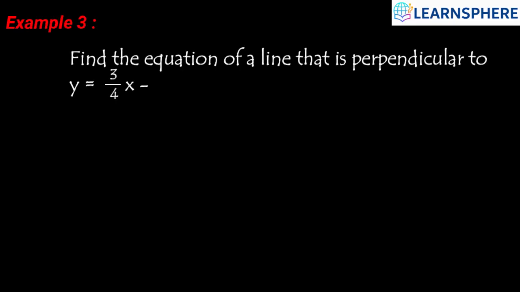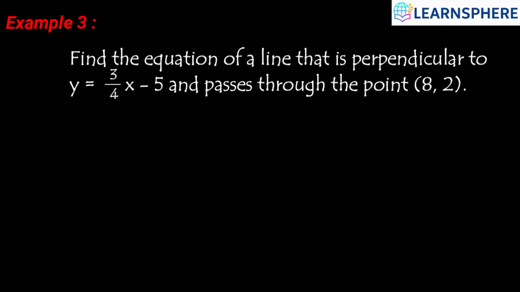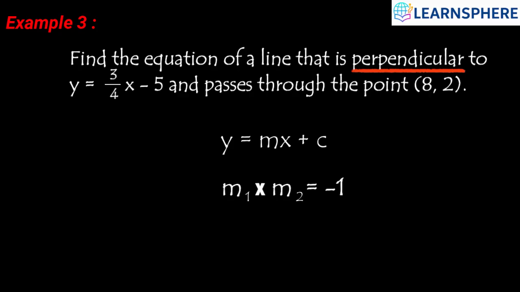We have the question: find the equation of a line perpendicular to y = 3/4 x - 5 that passes through the point (8, 2). As we want to find the equation of a straight line, we can start by writing down the general equation, which is y = mx + c, where we have to find the values of m and c. We can firstly start by finding the value of m, which is our gradient. As we know, for perpendicular lines, m1 times m2 = -1.